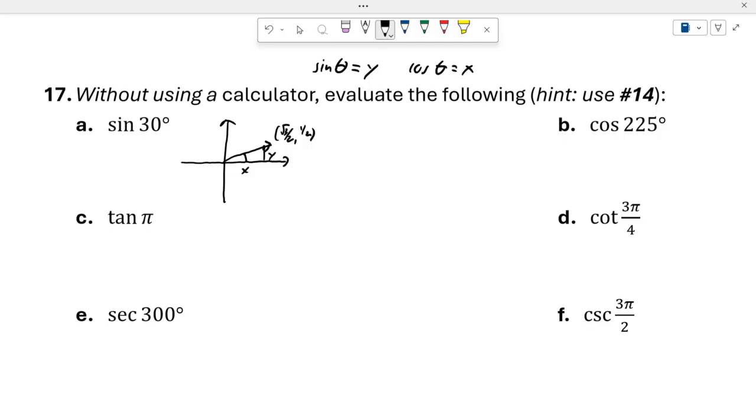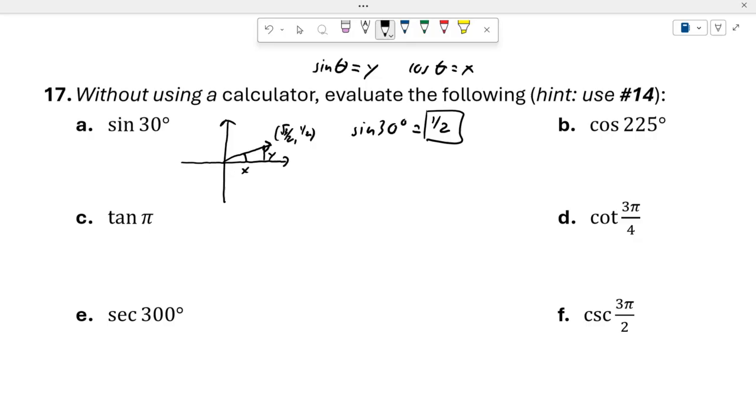So if I want the sine of 30 degrees, it's my y coordinate at 30, and because it's a short triangle, it is the smaller of the possible values, which is 1/2, and because I'm going up, it's positive 1/2. So sine of 30 degrees equals 1/2, and we didn't use anything other than our brains to answer that question.